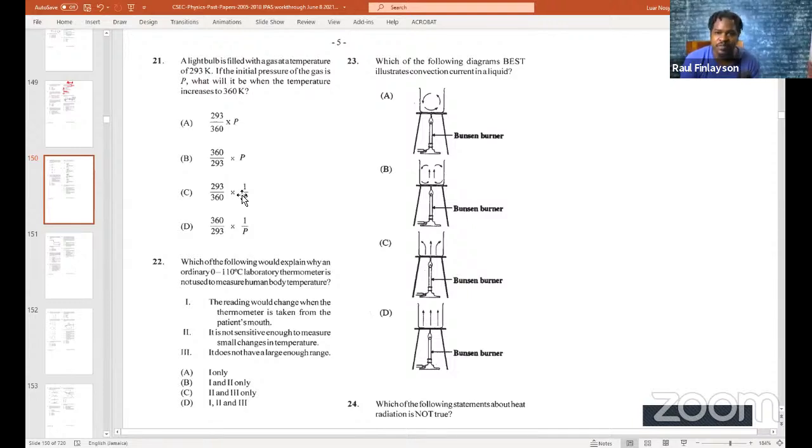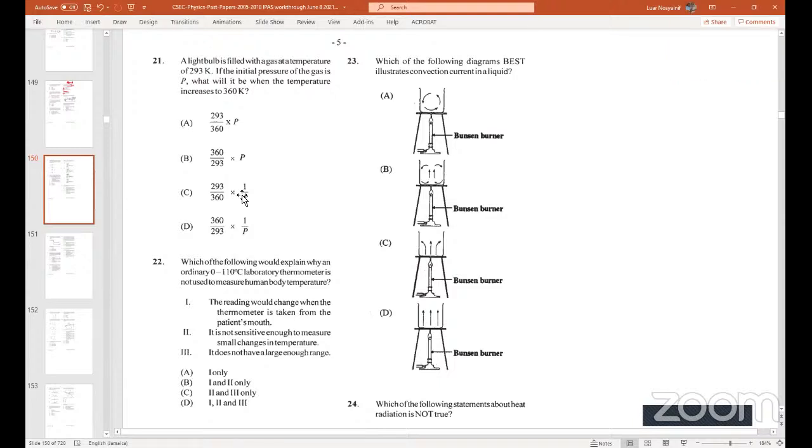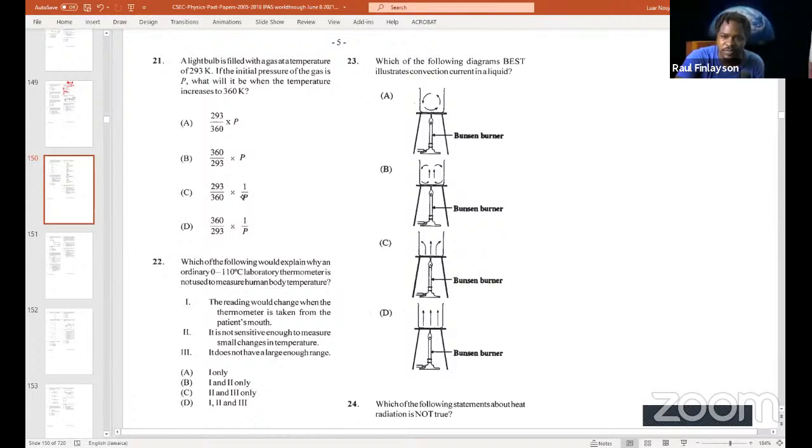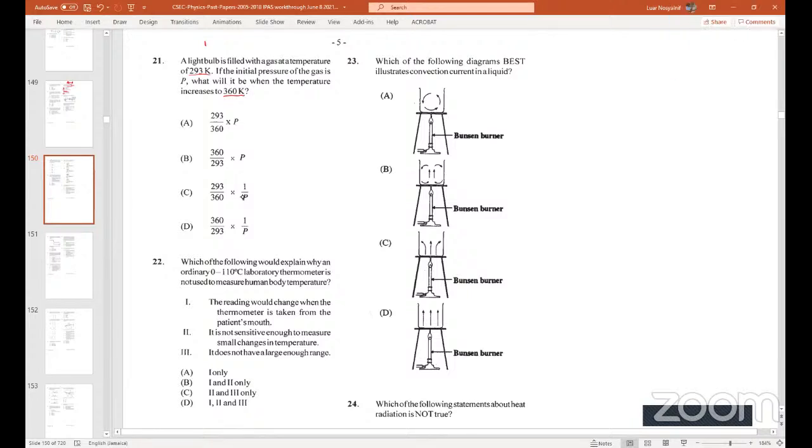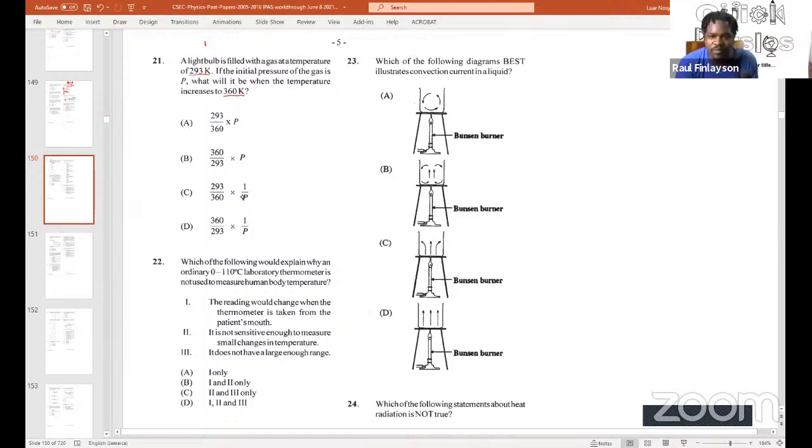21. A light bulb filled with a gas at a temperature. All right, this one is actually coming from a gas law. Notice that they have a temperature at 293, and then it's increased to 360. Everybody see that? So a light bulb filled with gas at a temperature of 293 Kelvin. That seems to be 20 degrees Celsius.